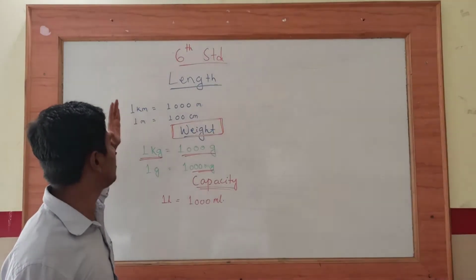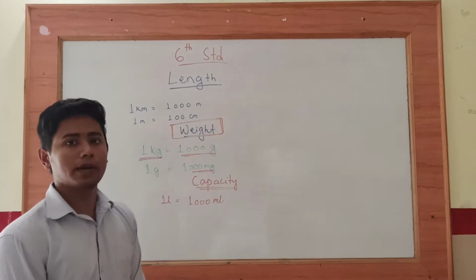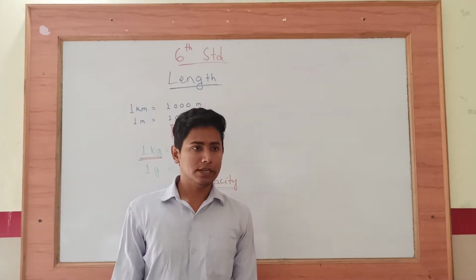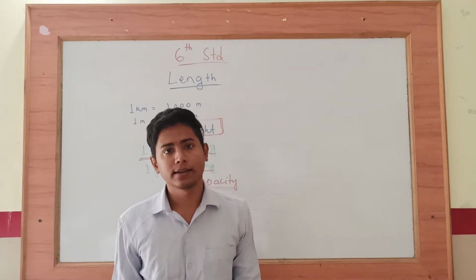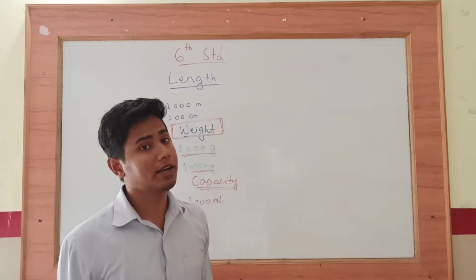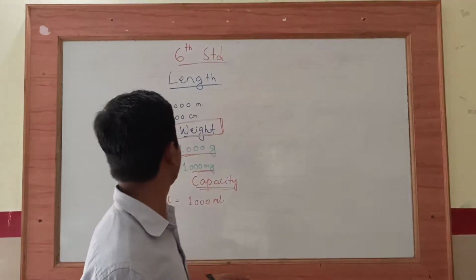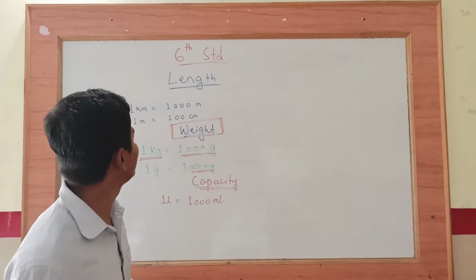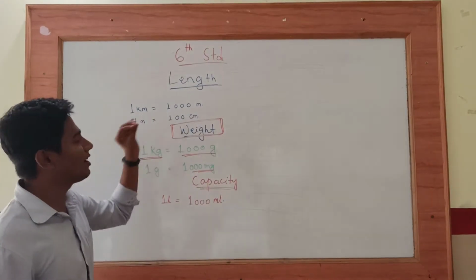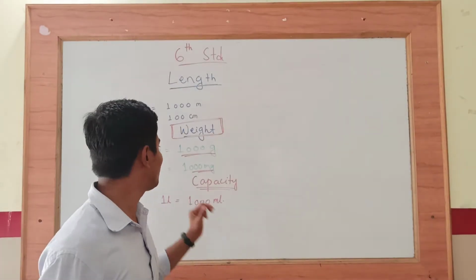But where do we use kilometer, meter and liter? When your mother tells you to go and bring milk, what can you say to the shopkeeper? Shopkeeper bhaiya, give me 1 kilometer milk? 1 meter milk? 100 centimeter milk? 1 kg milk?